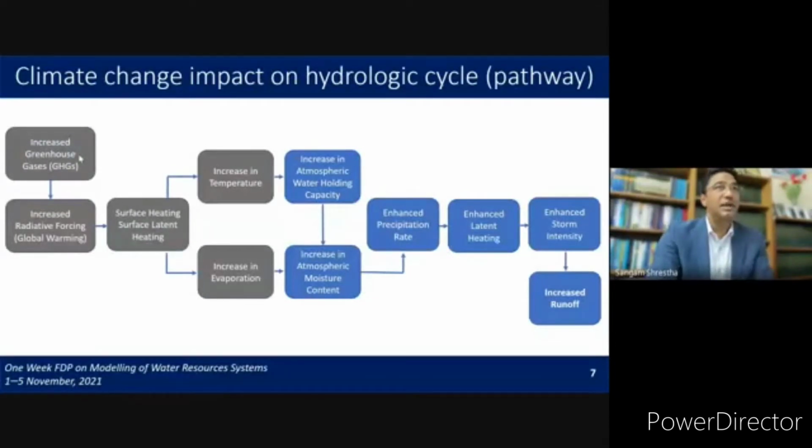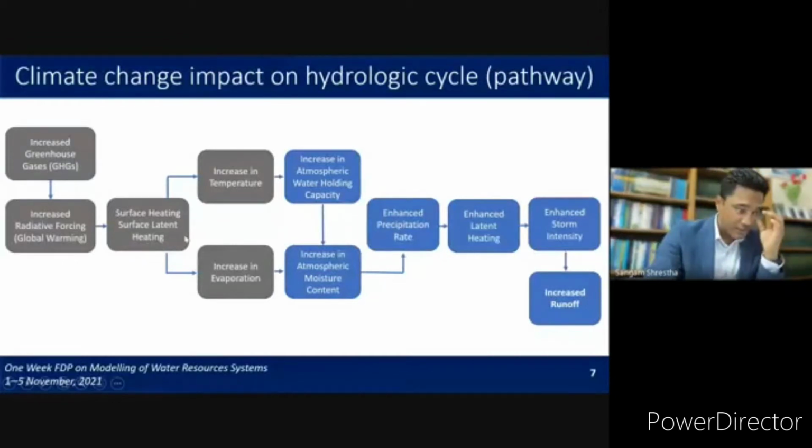Because of this, there is an increase in the radiative forcing of the earth, which is also called global warming. Because of this global warming, there is heating of the atmosphere and also an increase in the surface latent heating, and so there is an increase in the temperature of the atmosphere.